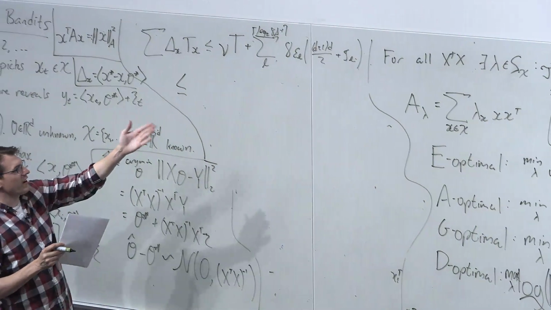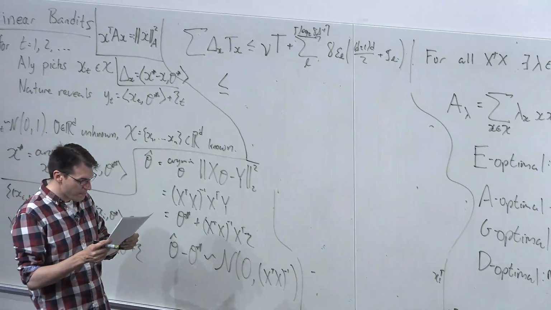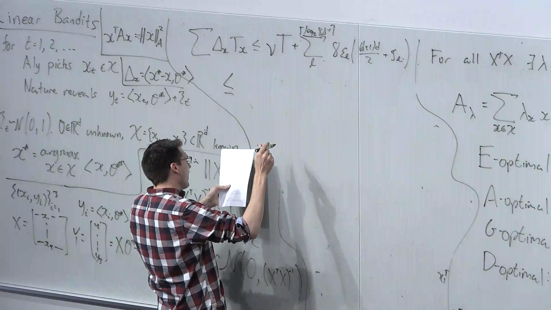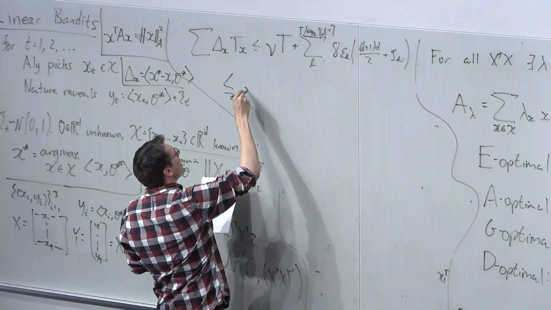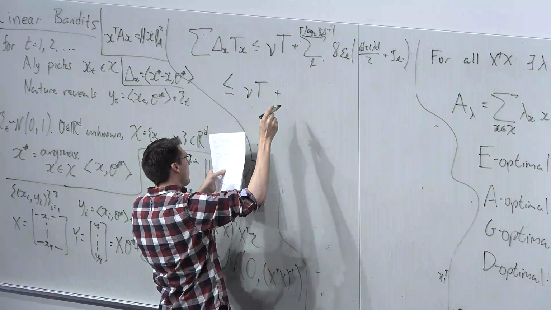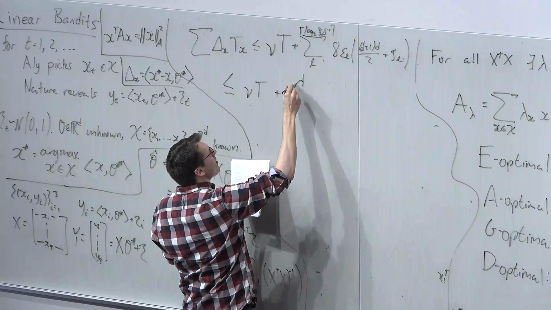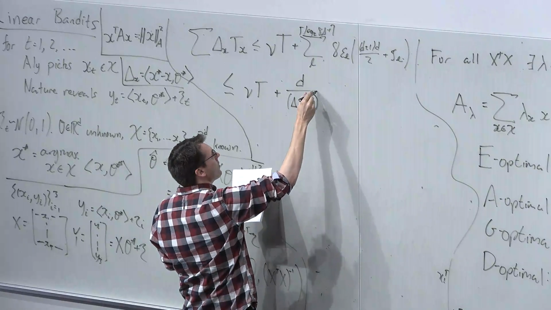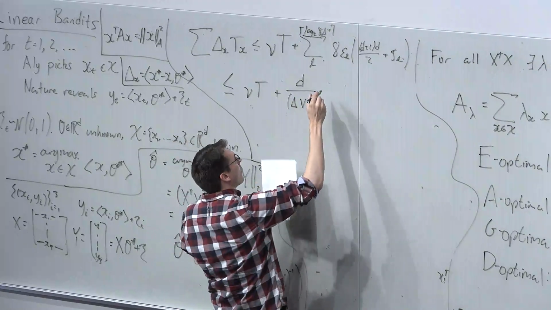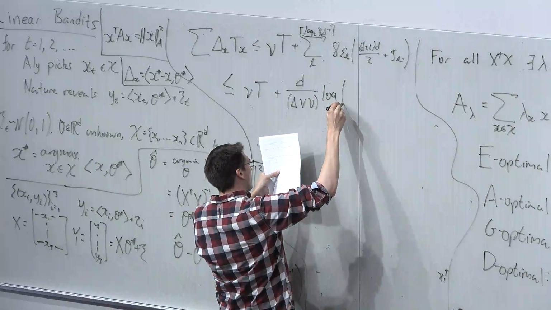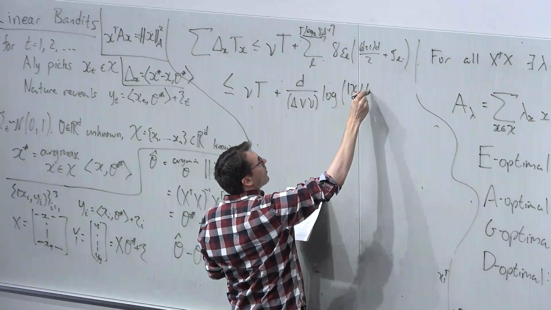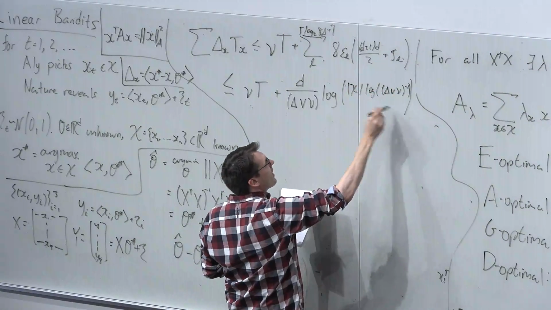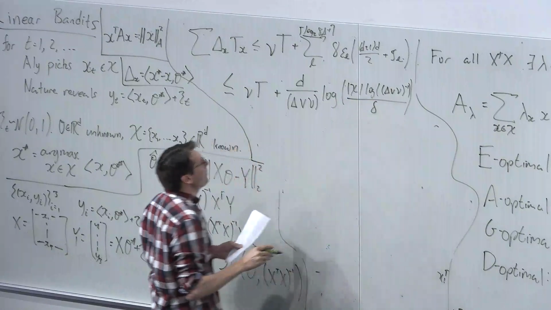The only difference was the extra factor of d in tau L. At the end, ignoring the factor of d that's not hitting the t, we get something like nu t plus d over gap max of nu, log |X| log nu, this should all look familiar from last time, over delta.